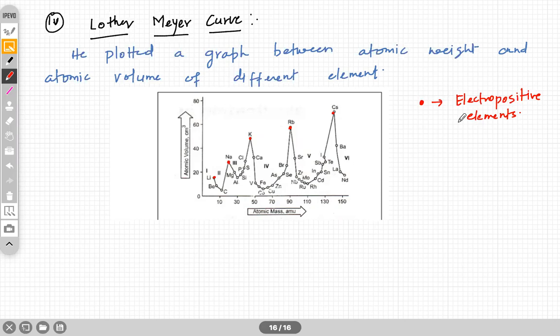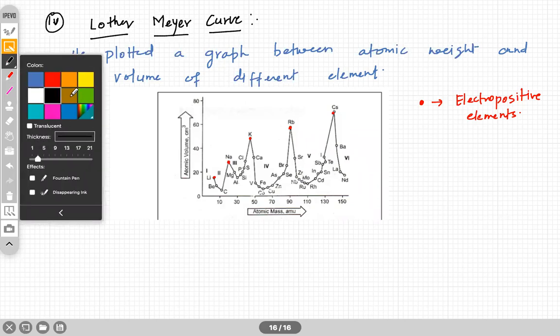Second observation is what? The less electropositive elements, that is the group 2 elements, alkaline earth metals, occupy the descending position. You see, lesser electropositive than this one occupies the descending position, which is this.